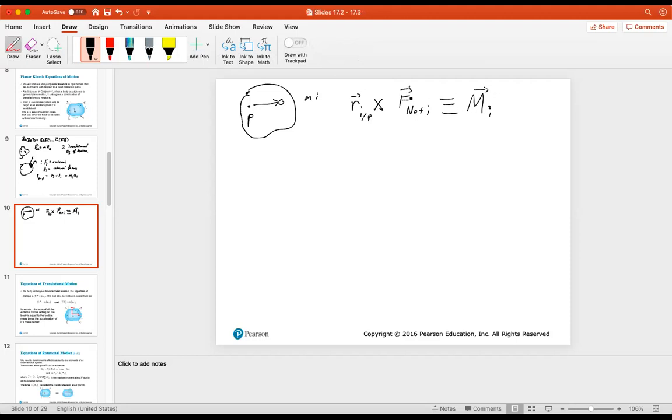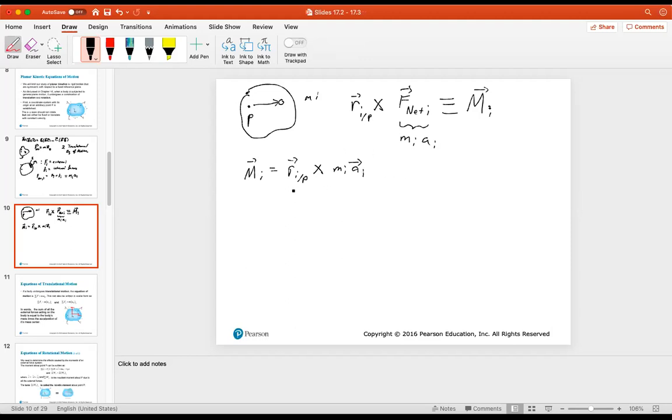The torque, or the net moment on this little bit of mass. That's fine. Now we're going to use our formula coming from Newton's second law to say this is m_i times a_i. So I get that the moment on the ith mass is equal to r_i relative to P cross m_i a_i.